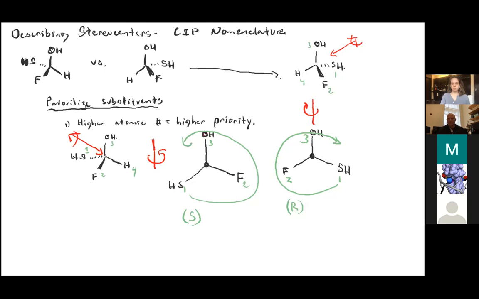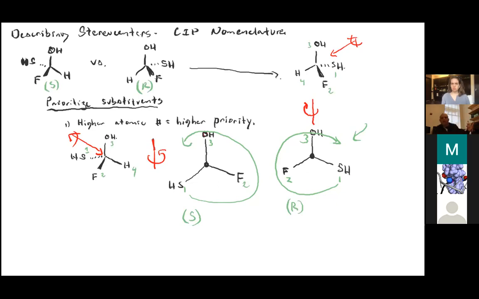A good way to remember this is that if you draw an arrow and it runs clockwise, it's sort of going off to the right. And so that is the R enantiomer. That's how I remember it, okay? S goes to the left. All right, so if I go back here, I can just say this is the S enantiomer, this is the R enantiomer of that molecule.